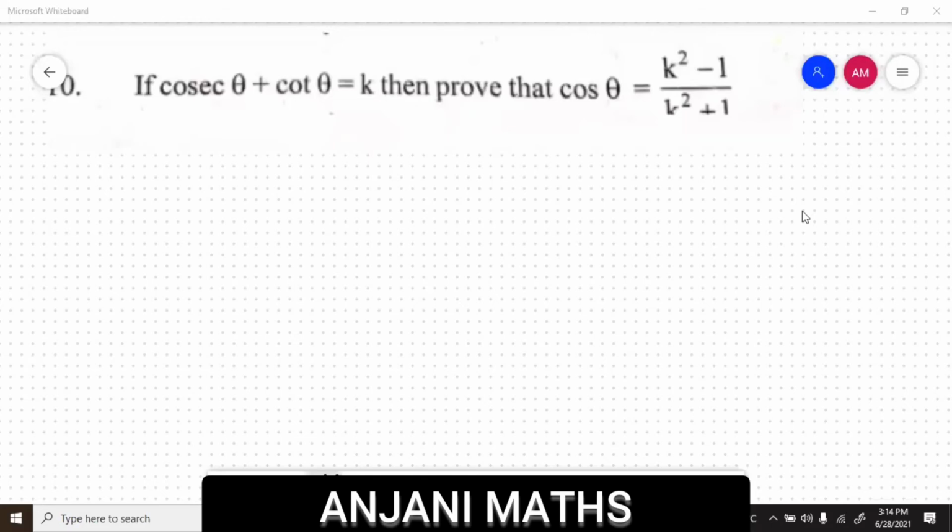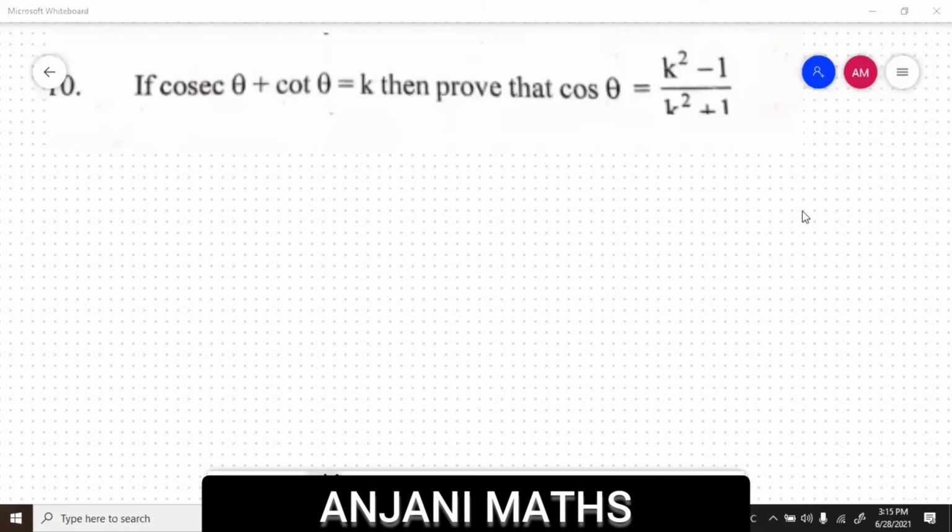The last problem of this exercise: if cosecant theta plus cot theta is equal to K, then prove that cos theta is equal to K square minus 1 by K square plus 1. So here they asked only one trigonometric ratio, cos theta, giving cosecant theta plus cot theta is equal to K. The same procedure.